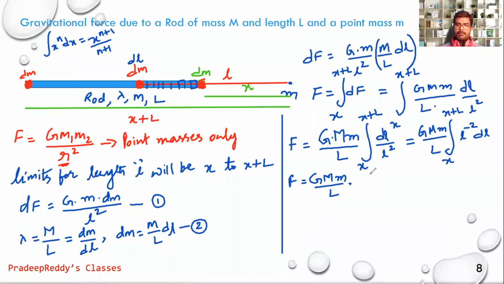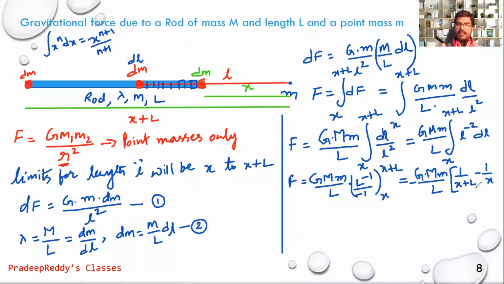It is l power minus 1 divided by minus 1. Limits are from x to x plus capital L. I'll substitute that here. Capital G, capital M, small m divided by capital L. That minus comes over here, and the first limit I will substitute here as x plus L minus the lower limit I will substitute as L.